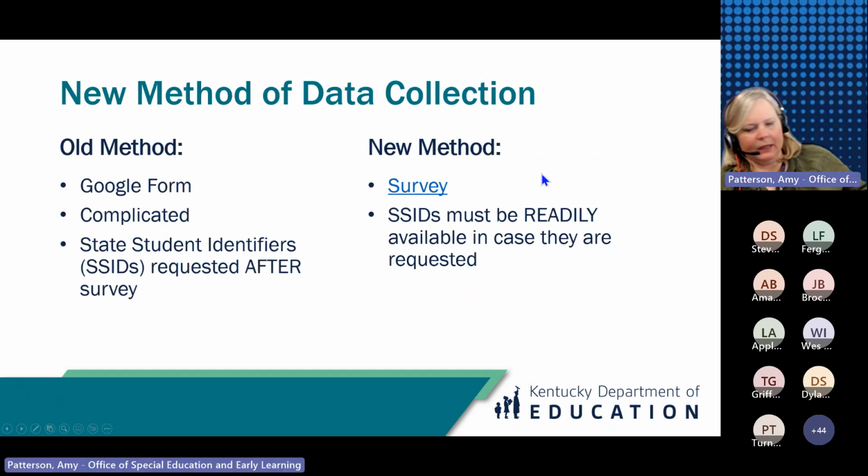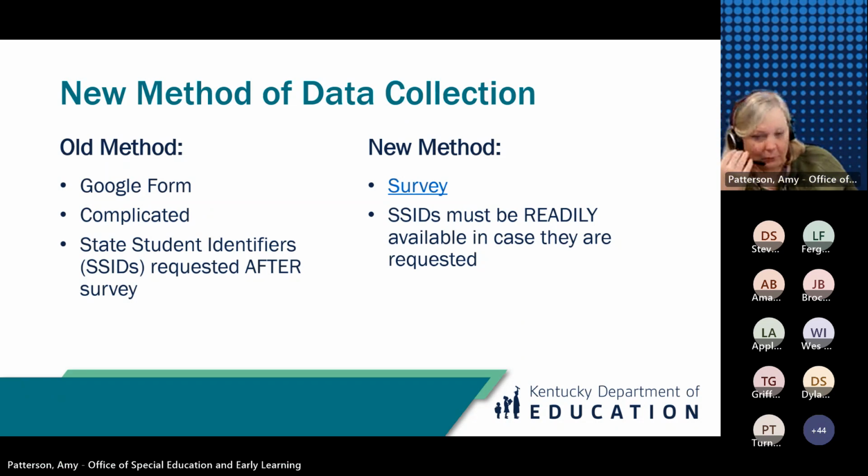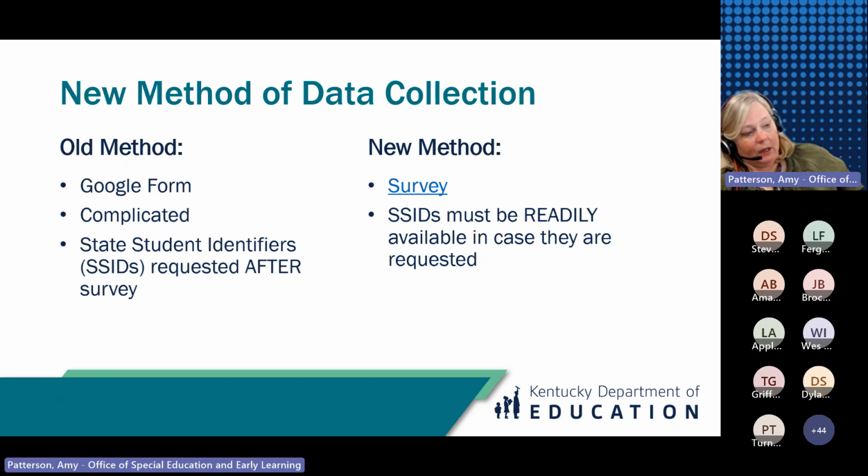Okay, so we are collecting this data differently than we were for Indicator 12. They were using a Google form, and then last year we used a spreadsheet. The spreadsheet was a mess. We decided there was a better way to do it. So now we're using the survey.